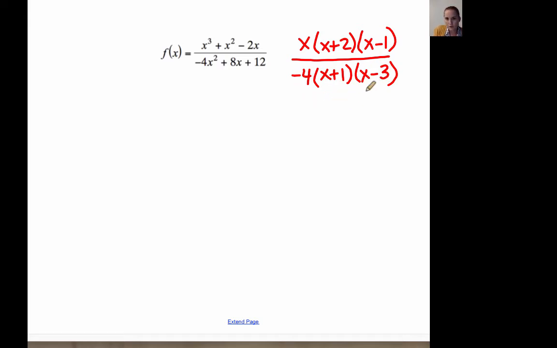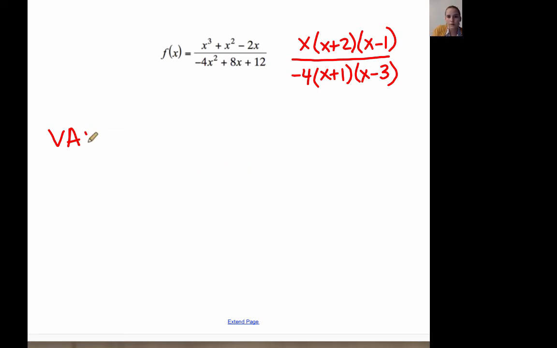Any x value that you can solve for, that's what you need to do. This negative 4 doesn't have an x with it, so you're not going to set it equal to 0. But by the way, if you compare all of the factors up on top with all of the factors on the bottom, none of them are the same, so nothing cancels, which means there's no hole in the graph.